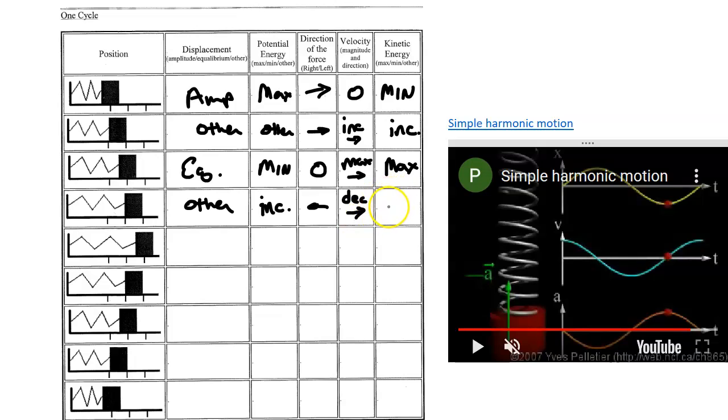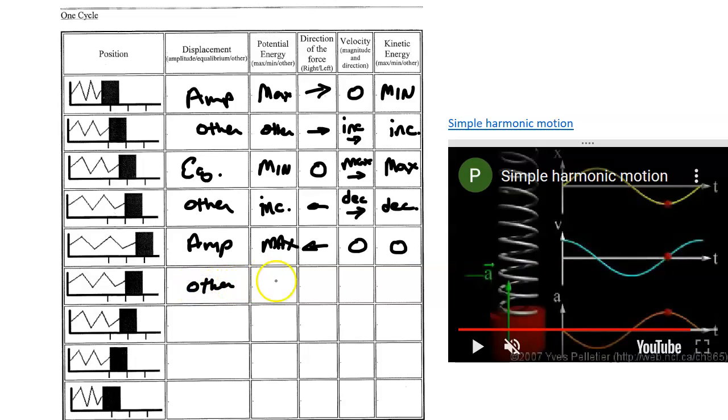And kinetic energy is therefore decreasing as it's slowing down until we reach the amplitude, where potential energy is now going to be at a maximum. The force is all the way here. The velocity is 0. And the kinetic energy, therefore, will also be 0, or minimum.